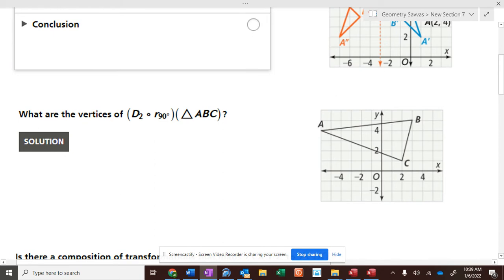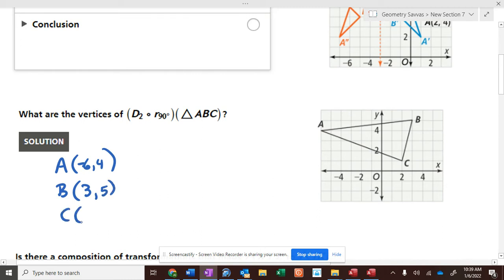Now, to do a similarity transformation, especially with a rotation, it's good to write down your ordered pairs. Where is A at? Negative 6, 4. B is at 3 and 5.